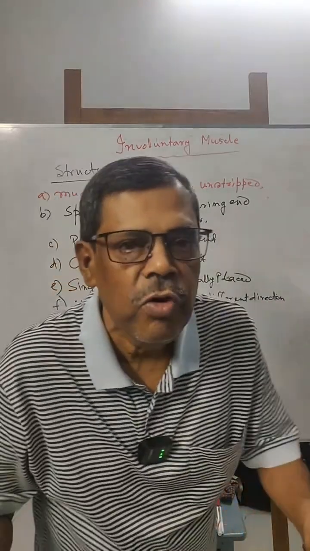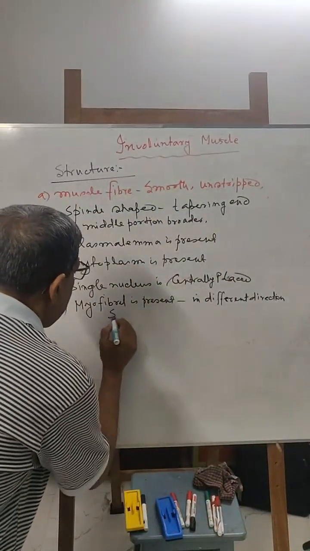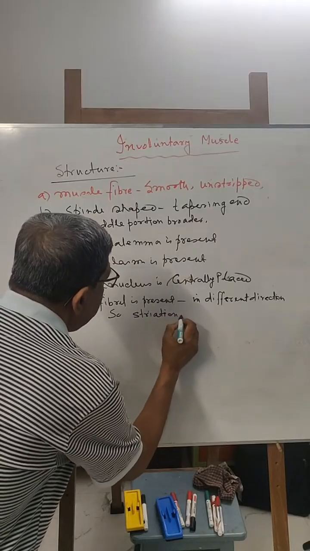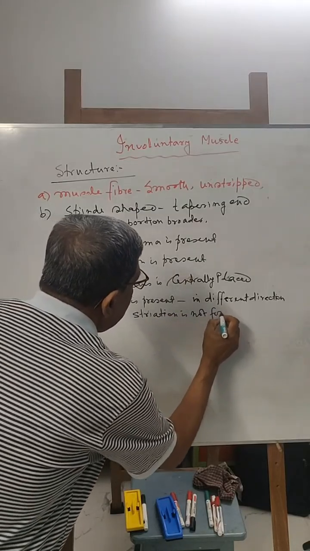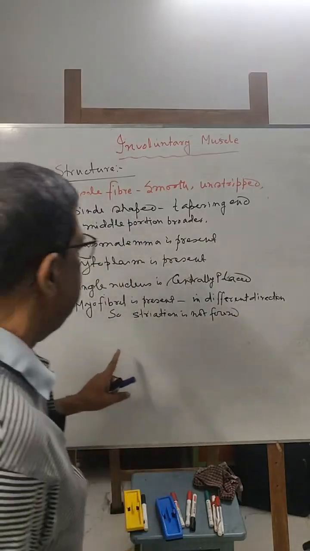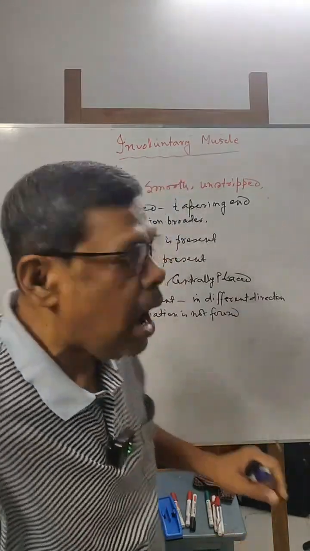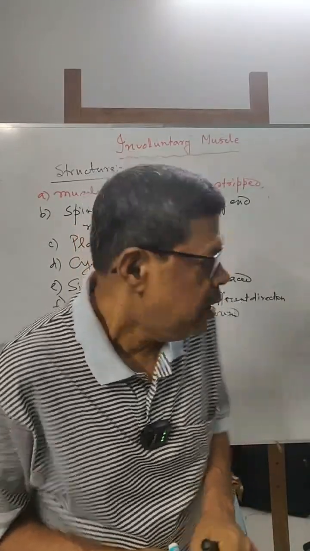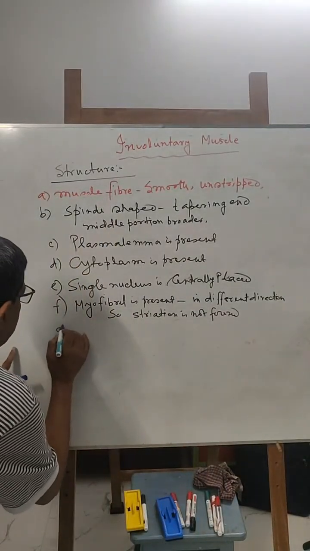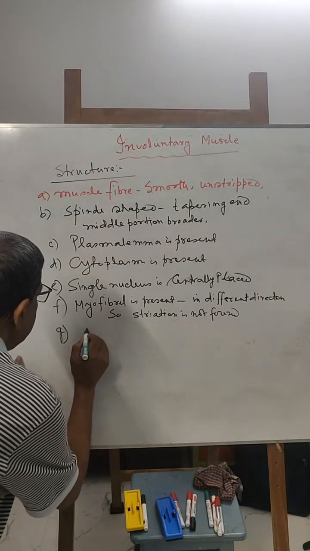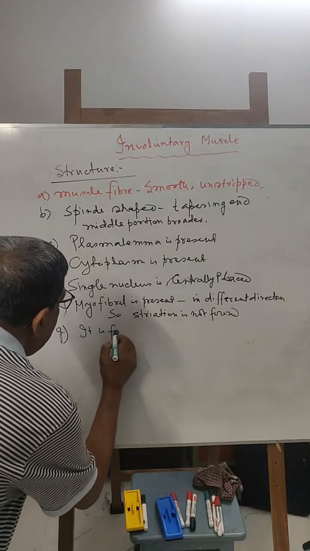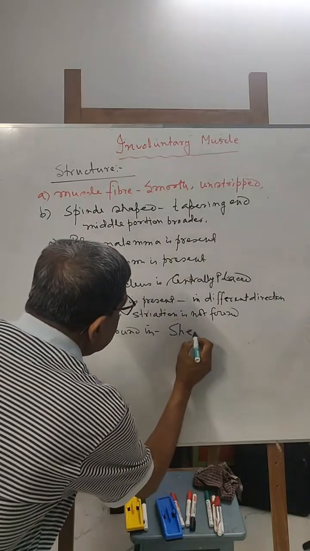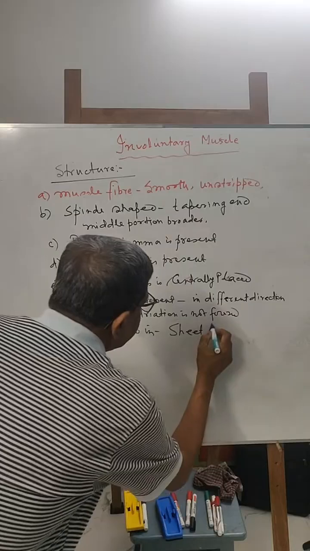So striation is not found, because the myofibrils are placed in different directions. Next, G: it is found in a sheet-like structure.